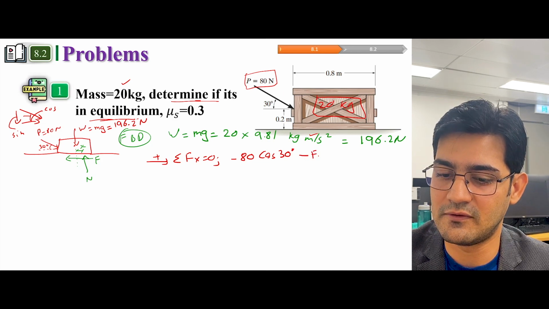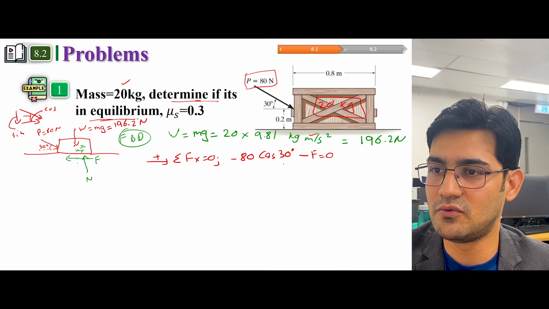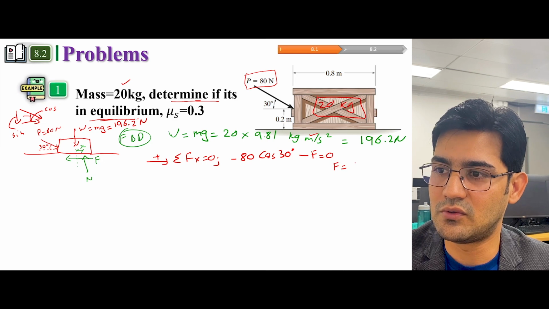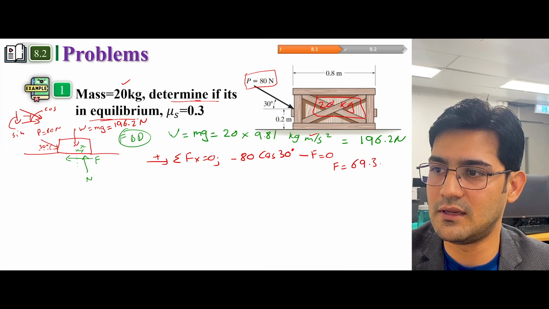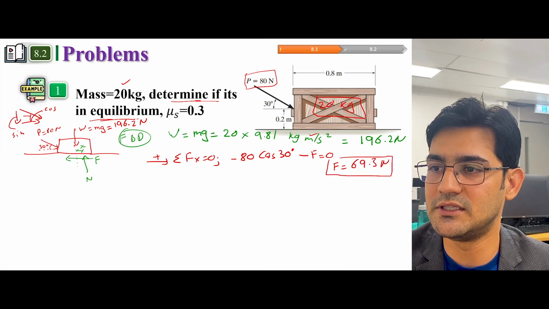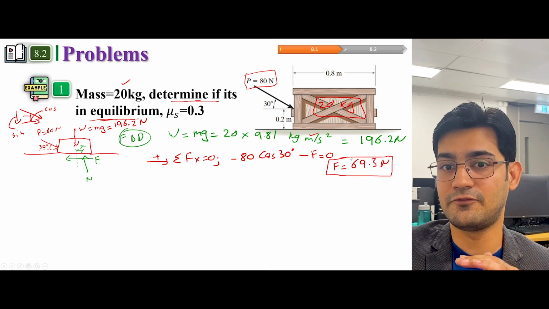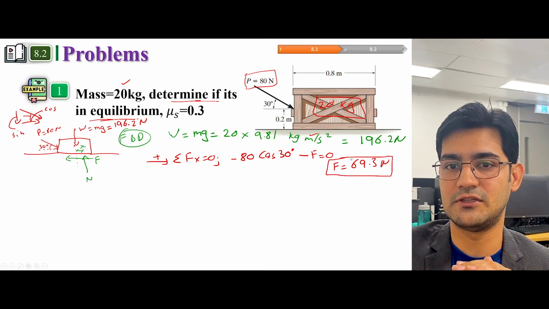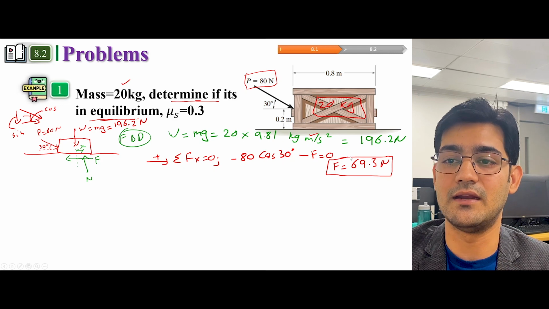We have force F is equal to 0. So if you do the calculation, you will get force F is equal to 69.3 Newton. So that's the frictional force or the resistive force that is acting as a result of this applied load.